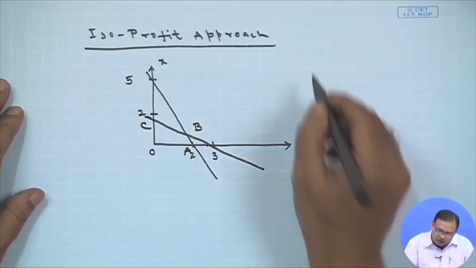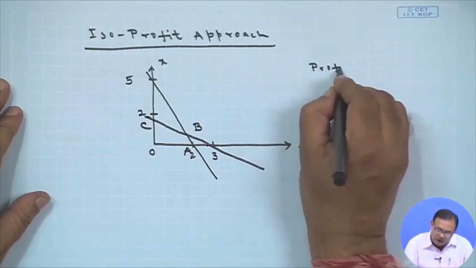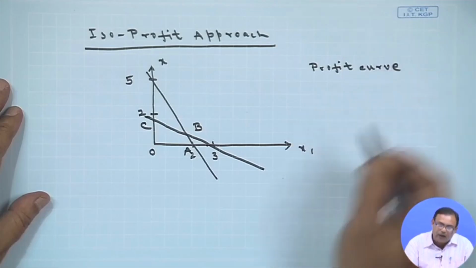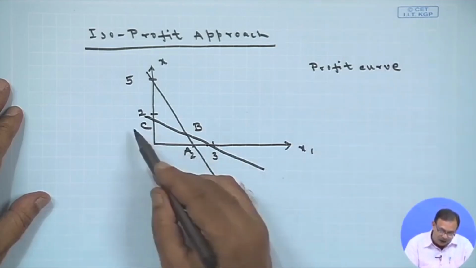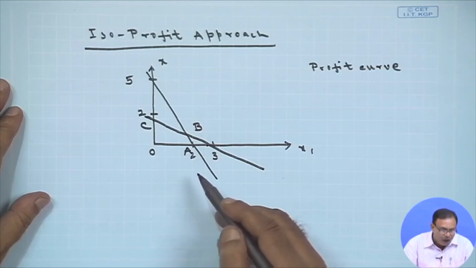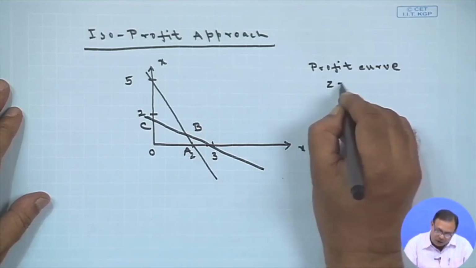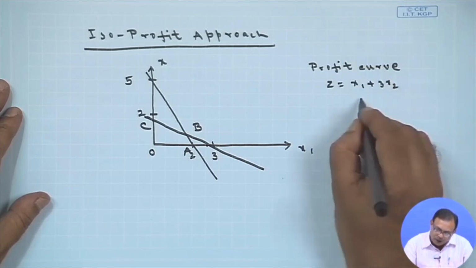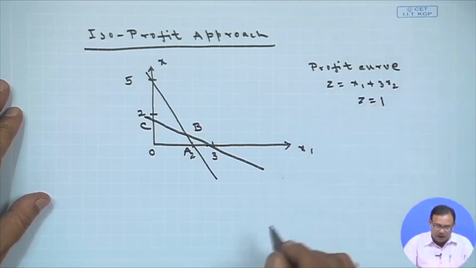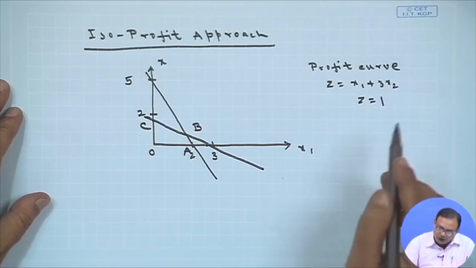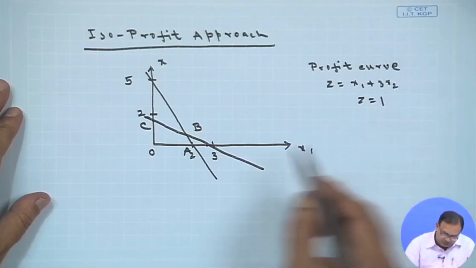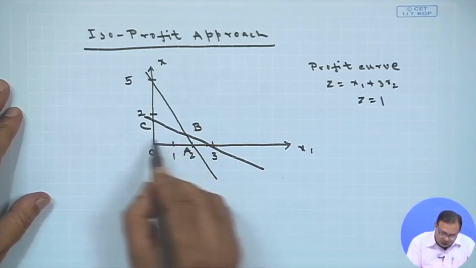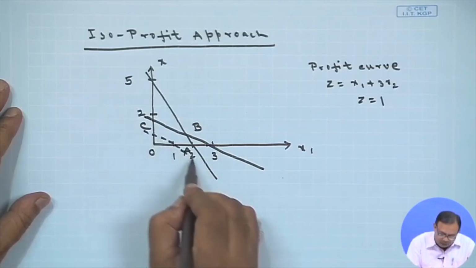Now, you have to draw a profit curve for some value of z such that the profit curve lies in the feasible region. Your function is z equals x1 plus 3 x2. I am assuming my profit curve initially is z equals 1. Z equals 1 means if here it is 2, it is 1 say. So, it will be something like this.